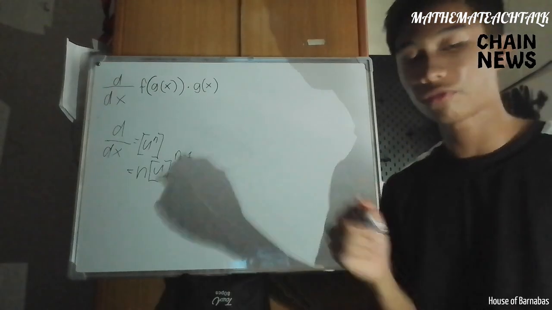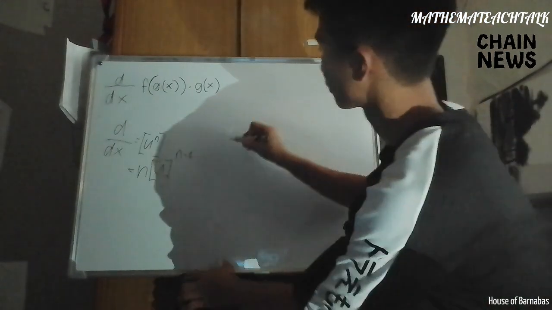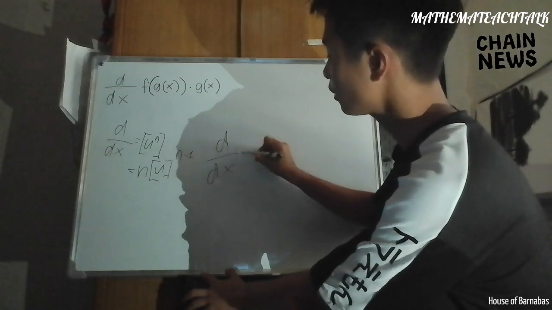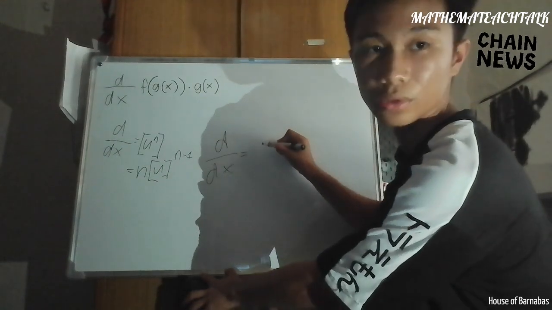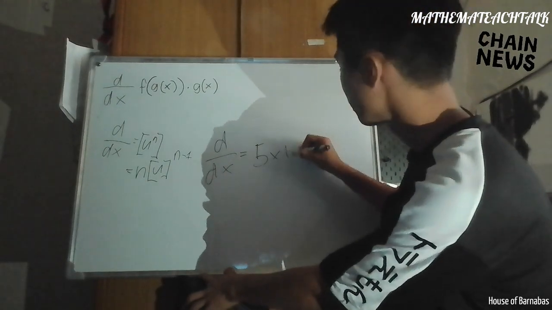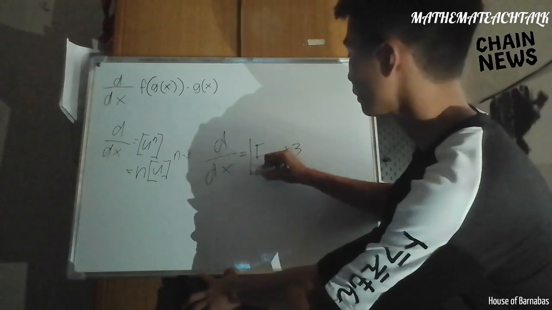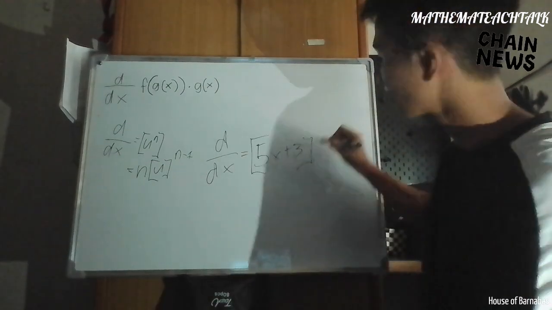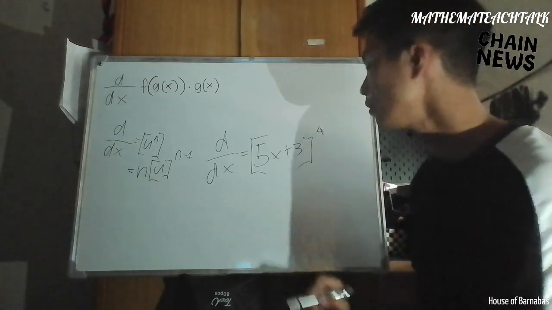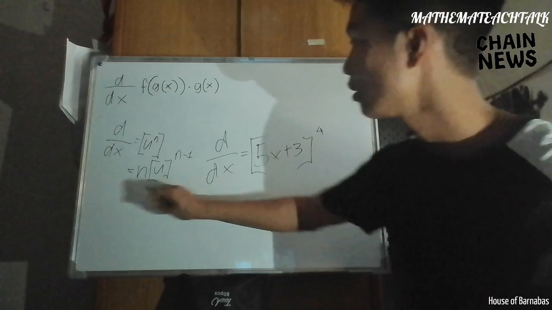Now the first example is the derivative with respect to x of 5x plus 3. Let's put a bracket. Now it's raised to 4. There we go. Now we have to follow this equation.